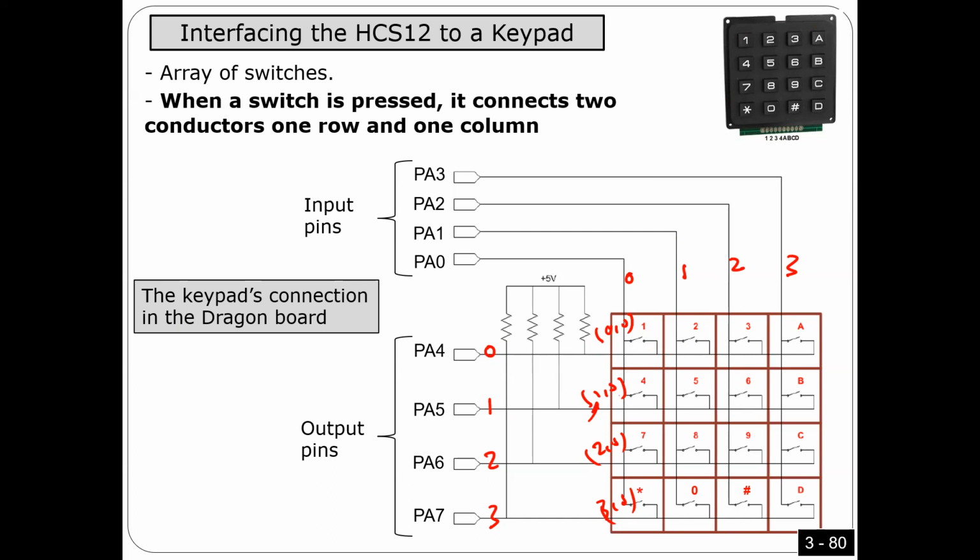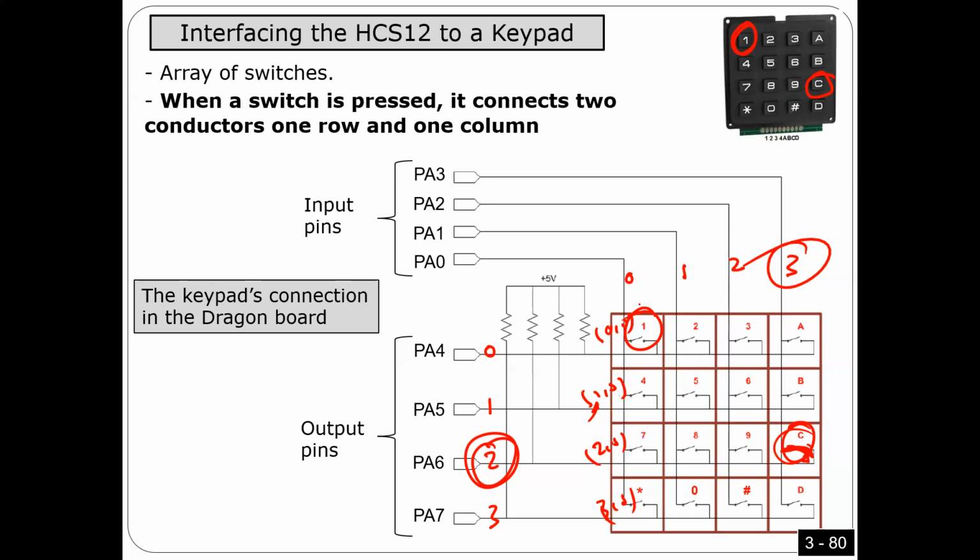So in programming, all I need to know is which switch is connected. If you press this one, I need to know this is the switch. You are connecting the switch at 2 and at 3, so I'm going to return the Ascii of C. When I program it, all I need to know is which row is connected to which column, right?